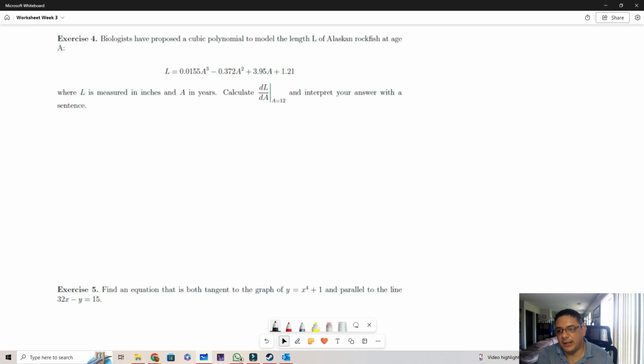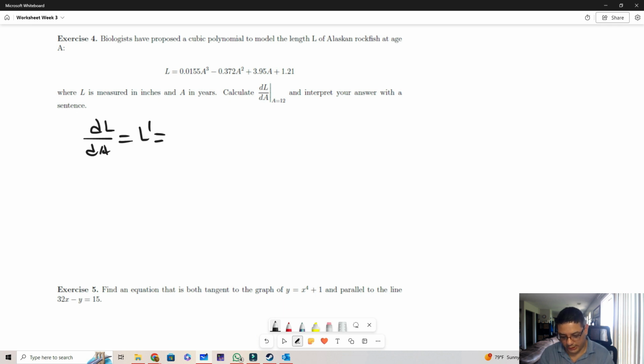So now dL/dA is just essentially the derivative, right? So it's L prime. So if we multiply by this, and let me just have something to multiply that particular value, then this is what we're going to get.